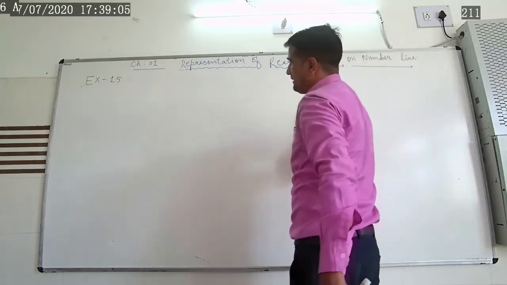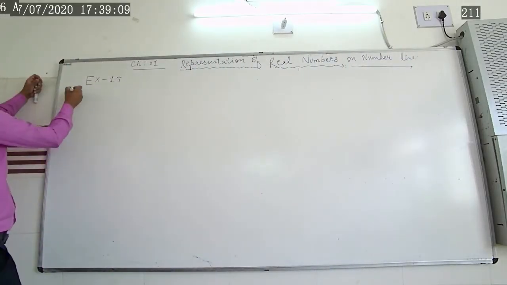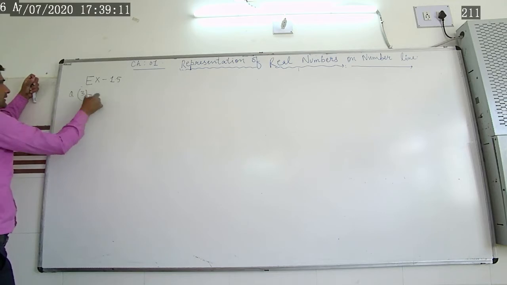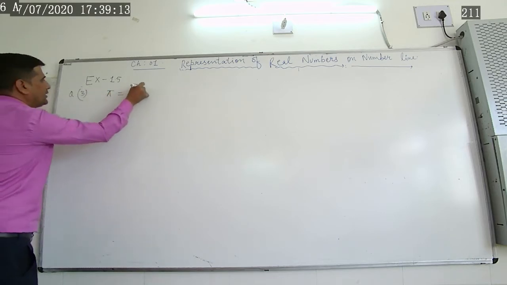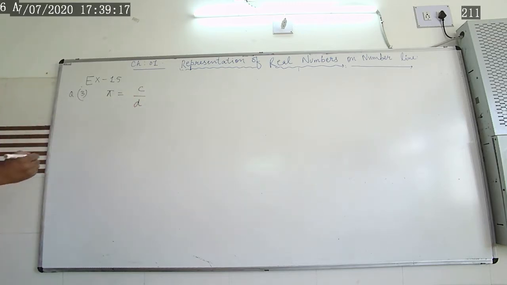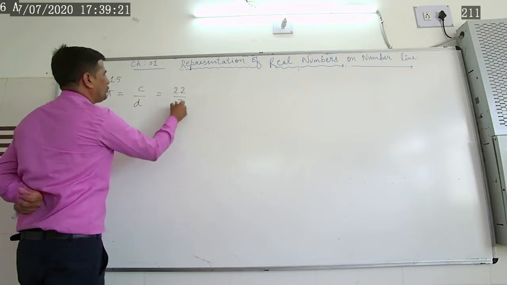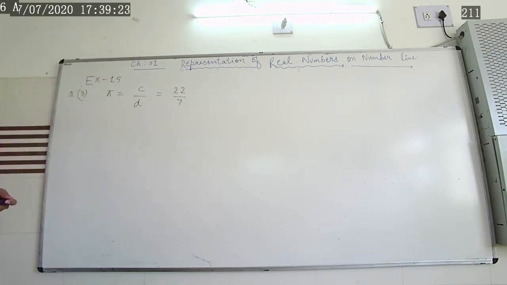In math level 60, you people have gone through evaluating the value of pi. Pi is nothing but a ratio of circumference over diameter. So this value is always given to you as 22 over 7. Pi value all the time you people are taking as 22 by 7.